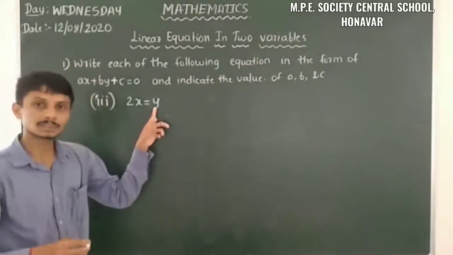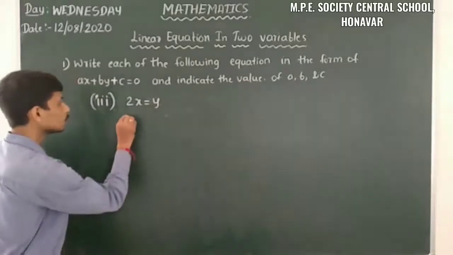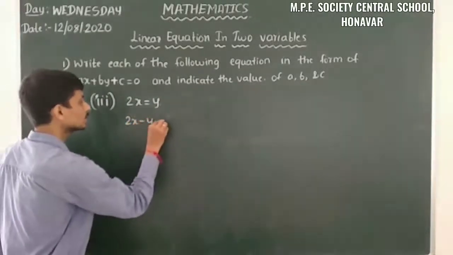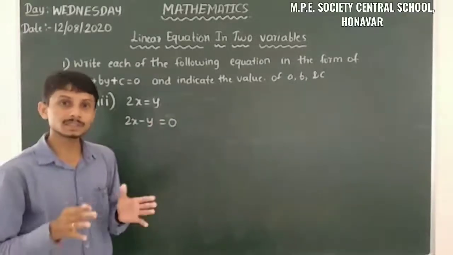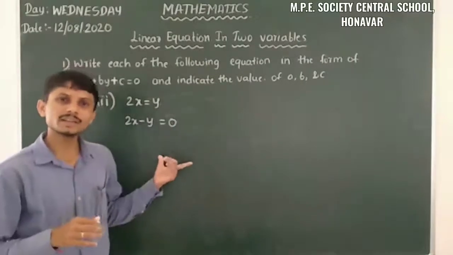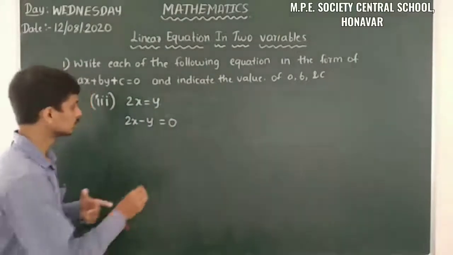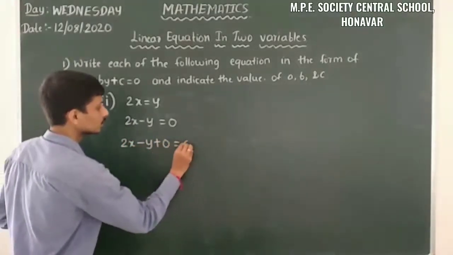Firstly I will transpose this y to the LHS side. It becomes minus y. That is 2x minus y is equal to 0. So here there is no constant term. That means the constant term becomes 0. So write that constant term as 0. It is 2x minus y plus 0 is equal to 0.